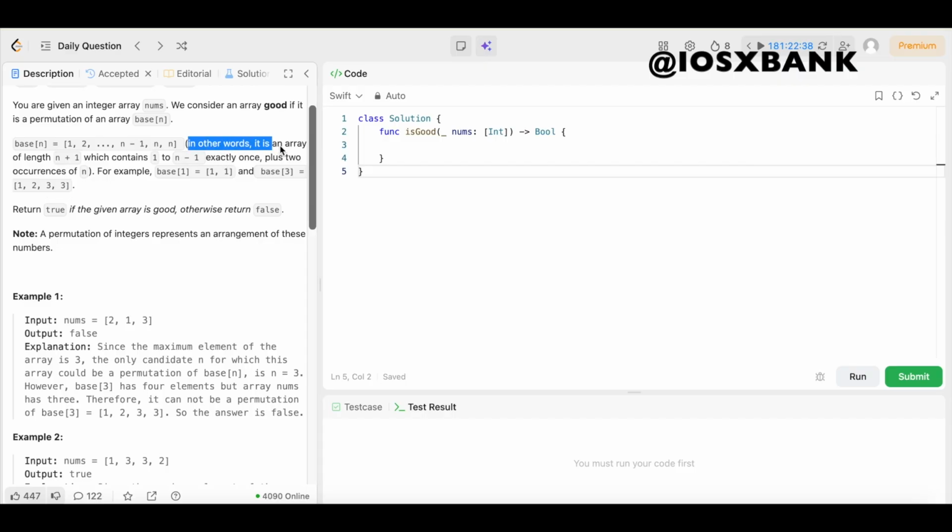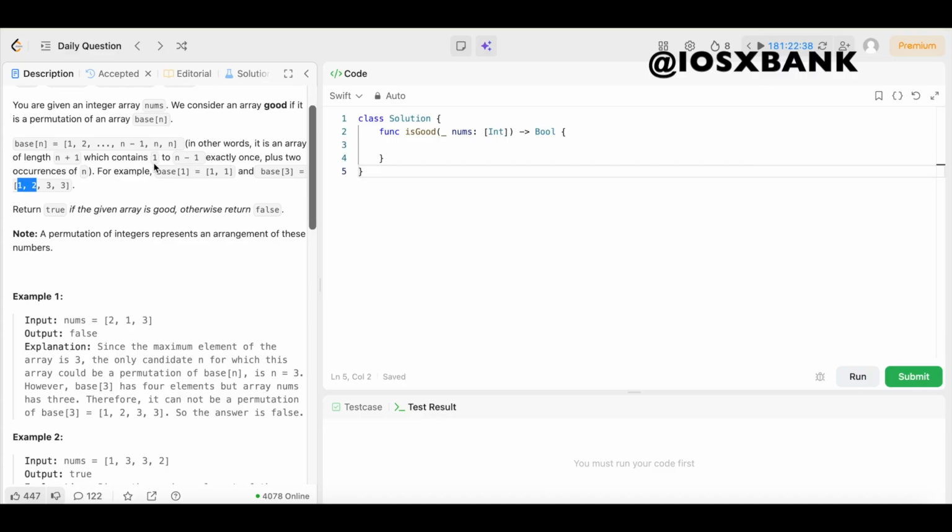In other words, it is an array of length n plus 1, which contains 1 to n minus 1 exactly once, plus 2 occurrences of n. So in this case, n is equal to 3, base of 3, right? So it contains 1 up to n minus 1, which would be 1 to 2, if n is 3.